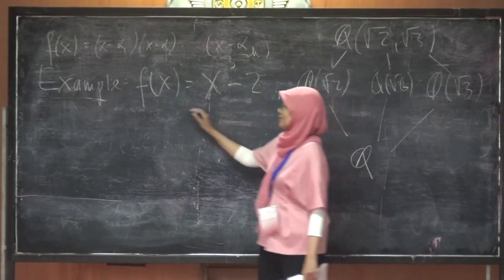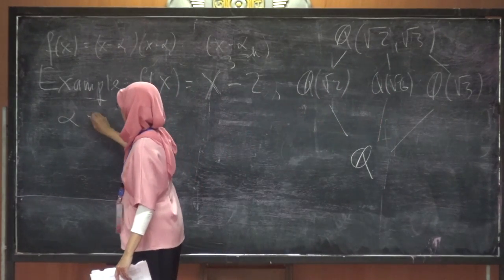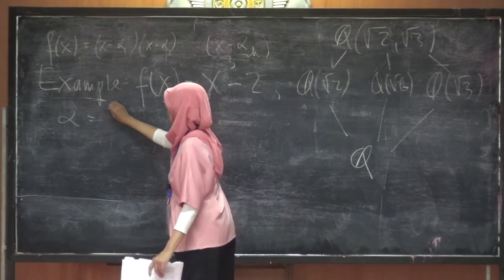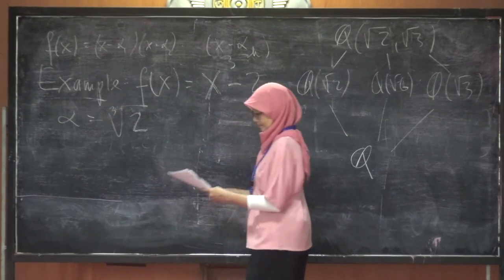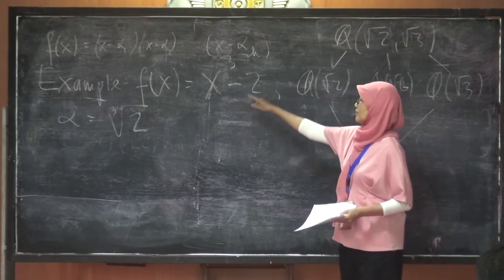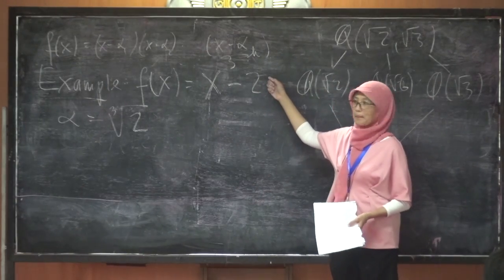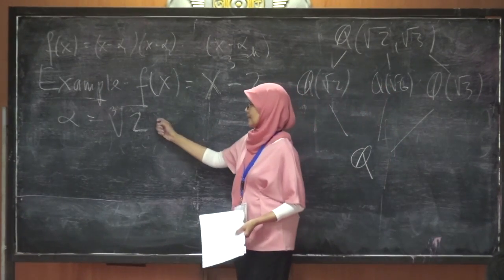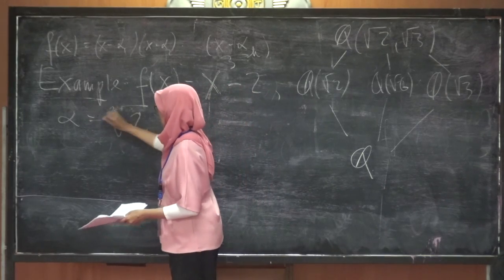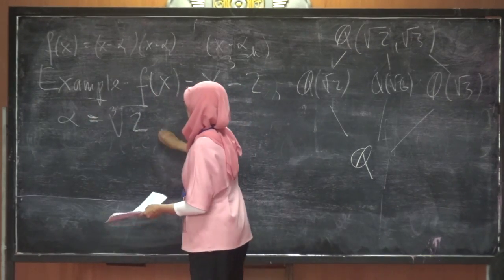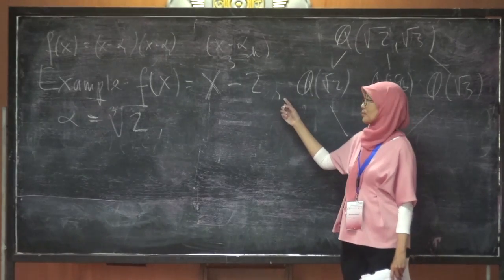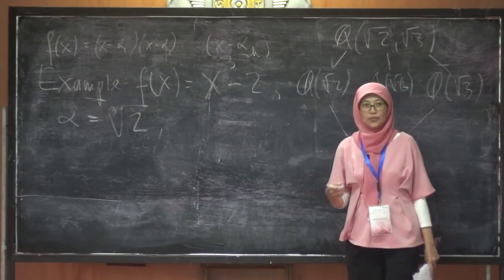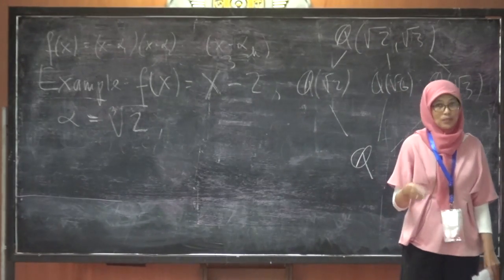What is one of the roots of this one? Yeah, this is one of the roots of this polynomial, but it is irrational over Q. But actually, there are also other roots of this polynomial which involve the imaginary complex number.